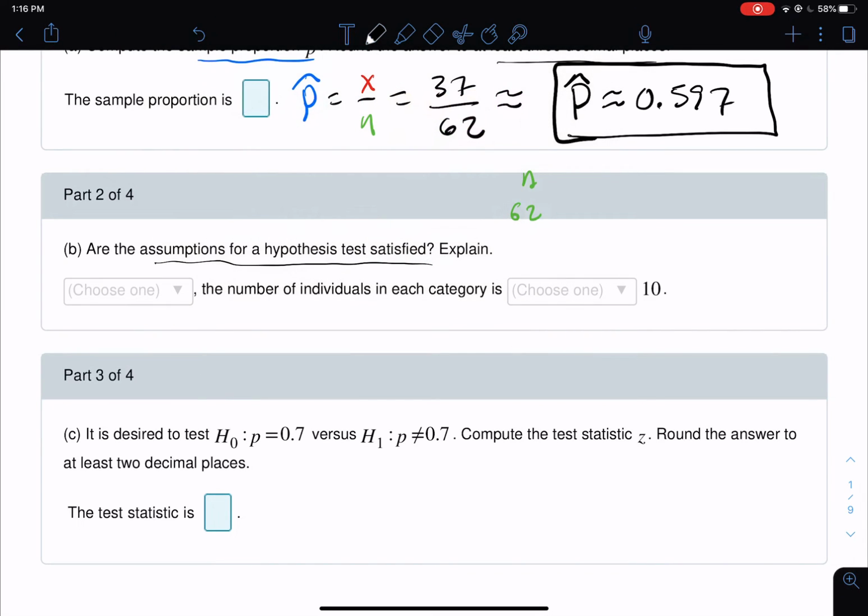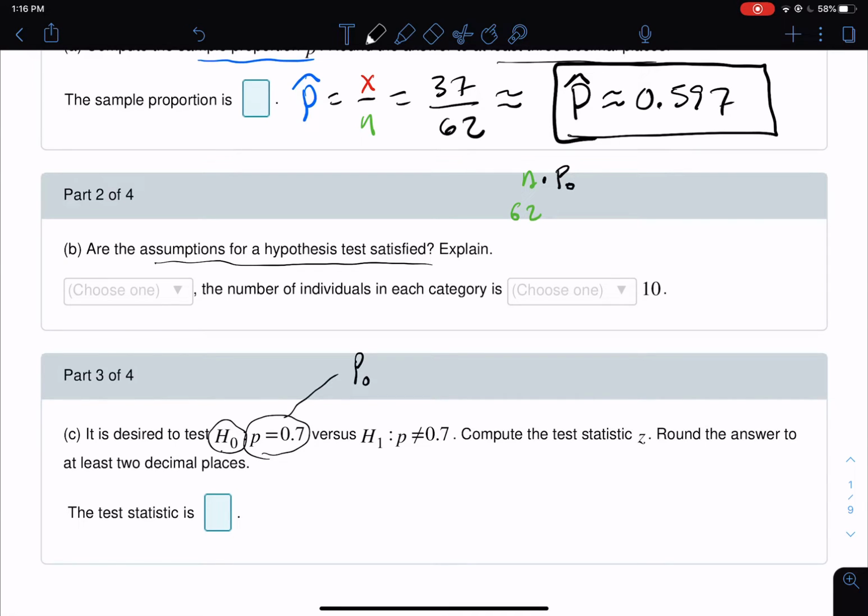And the assumption we just looked at says n times the population proportion. When we have that little sub-zero, that basically just means our population proportion from our H naught, our null hypothesis.